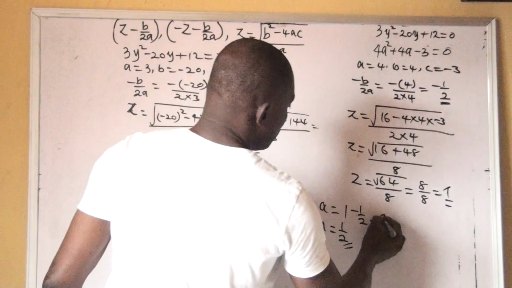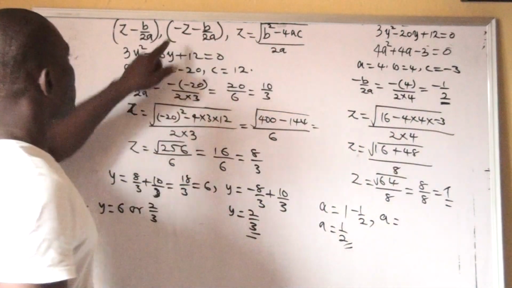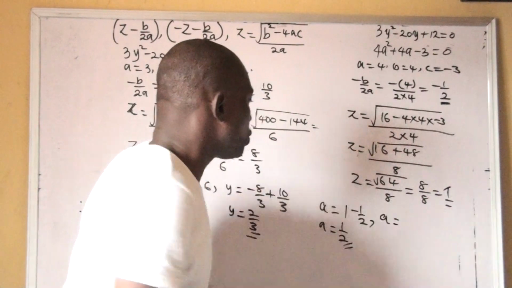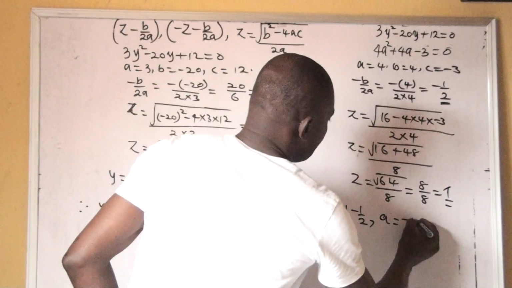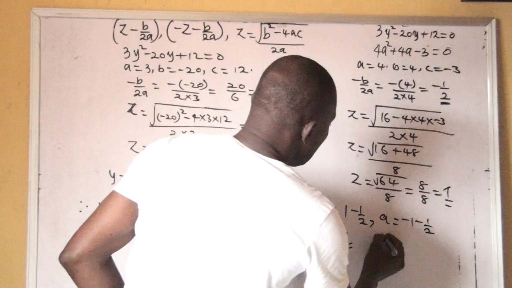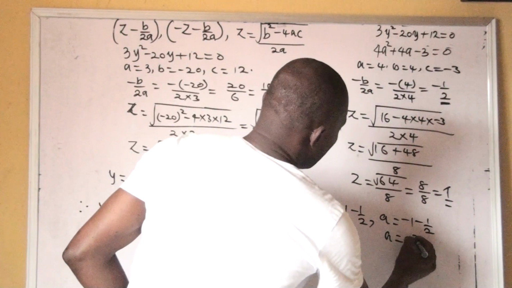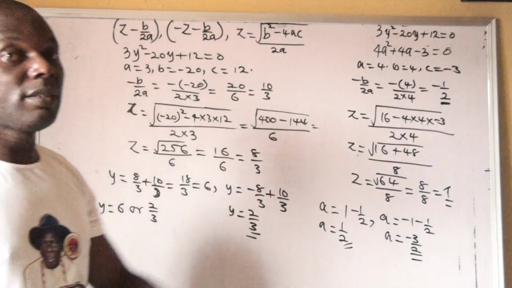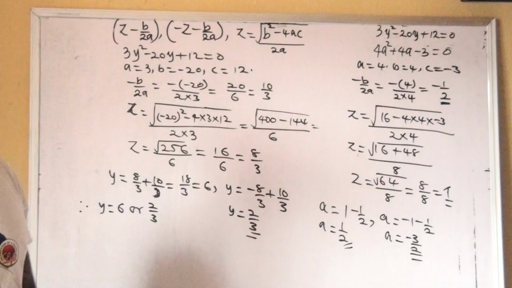Then the other root is minus z, which is minus 1, plus minus a half, and that gives us minus 3 over 2. This approach is very straightforward and simple.